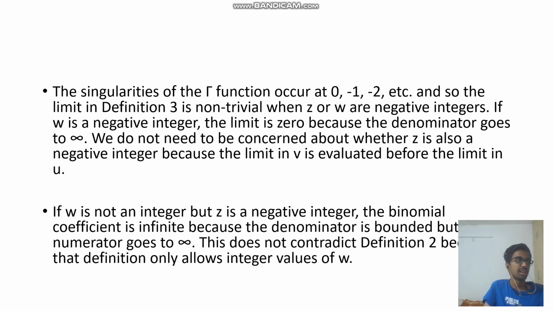We do not need to be concerned about whether z is also a negative integer because the limit in v is evaluated before the limit in u. If w is not an integer but z is a negative integer, the binomial coefficient is infinite because the denominator is bounded but the numerator goes to infinity. This does not contradict definition 2 because that definition only allows integer values of w.